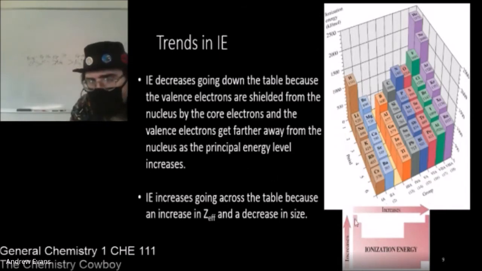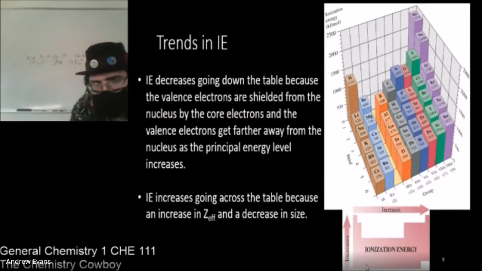So in general, the elements on the bottom left are going to have the lowest ionization energy. The top right is going to have the highest ionization energy, meaning they're the least likely to go positive.